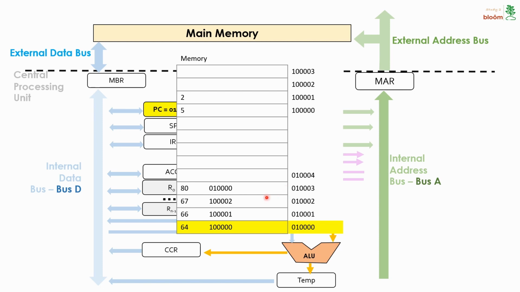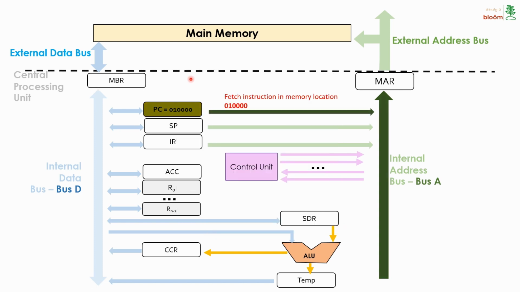In the previous example, the first instruction was in this memory location 100000, 4 zeros. The instruction inside this memory location was 64, 100,000, which says load A from the memory location 100,000. So let's see how it is executed.